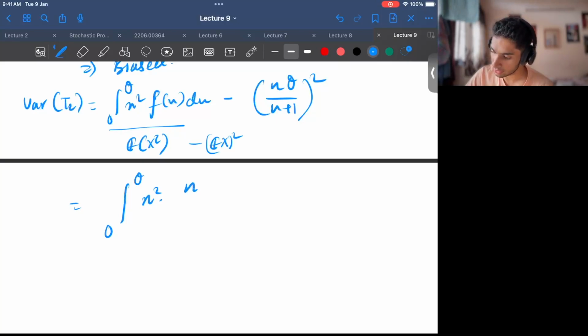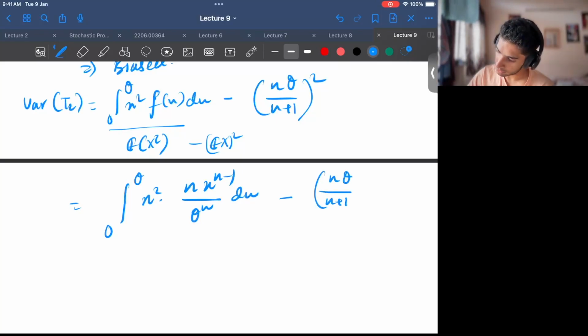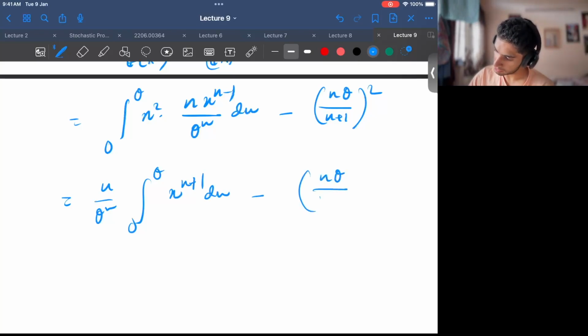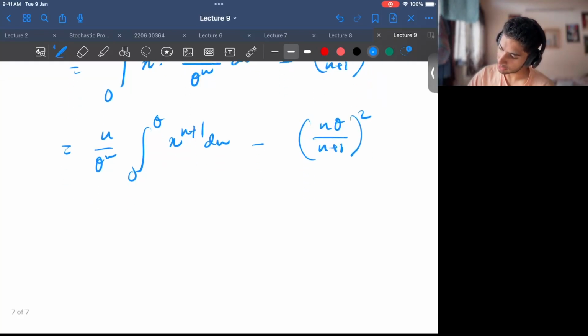So this is n into x raised to n minus 1 over theta raised to n dx minus n theta over n plus 1 whole square. This thing will become n over theta raised to n integral 0 to theta x raised to n plus 1 dx minus n theta over n plus 1 whole square.